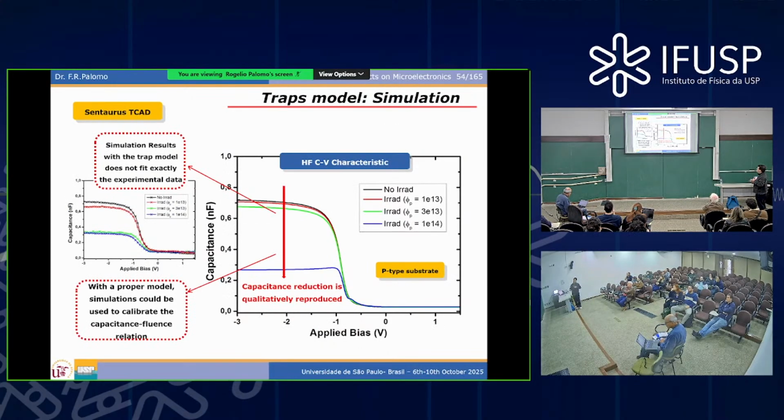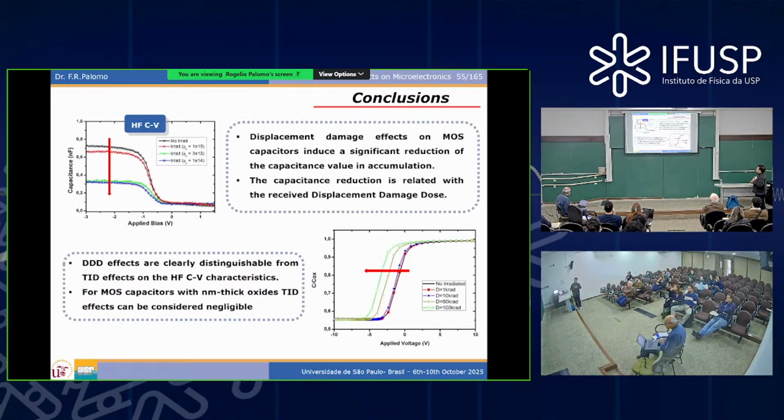Models, simulations, etc. Doesn't matter. The conclusions: displacement damage effects on MOS capacitors induce a significant reduction in the capacitance value, but in this vertical direction. In the case of TCAD, it's in the horizontal direction, so you can distinguish between both. That was the reason to propose using MOS capacitors, as they are used now, to know about the displacement damage.